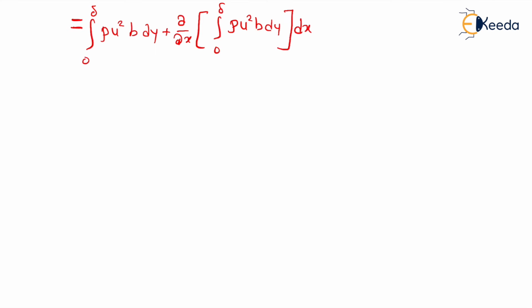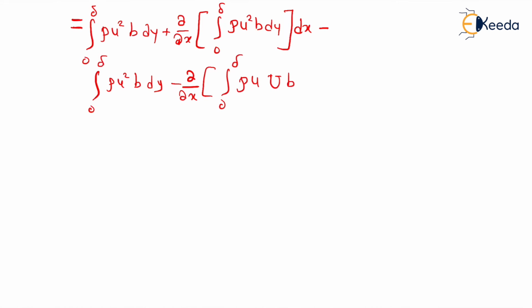This is the first term, minus the second term, which is integral 0 to del rho u square b dy minus ∂/∂x of integral 0 to del rho u capital U b dy, outside the bracket dx.